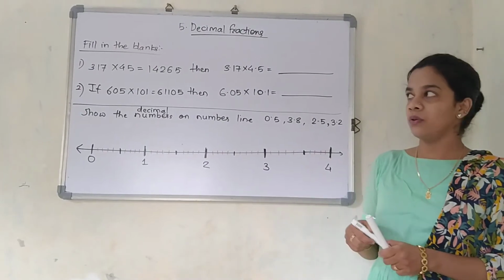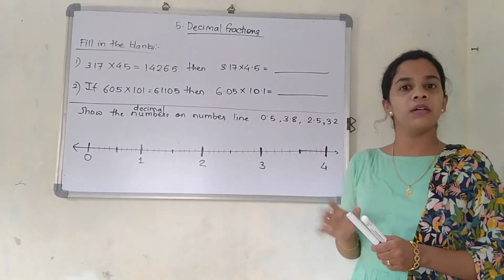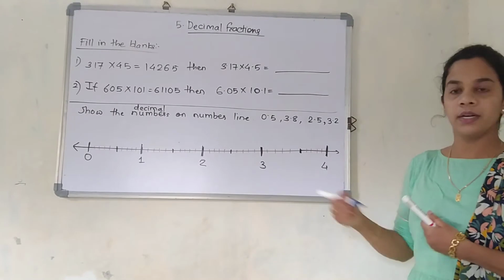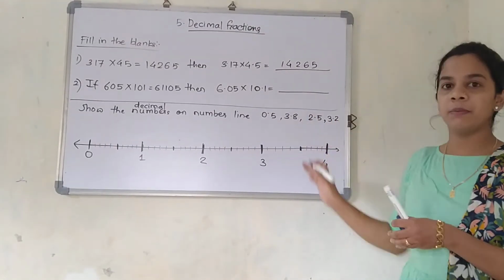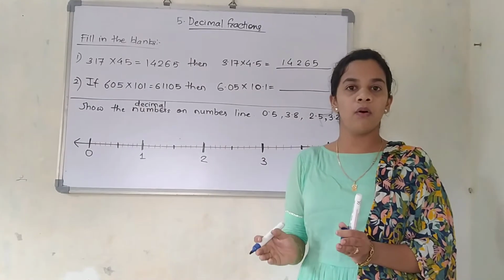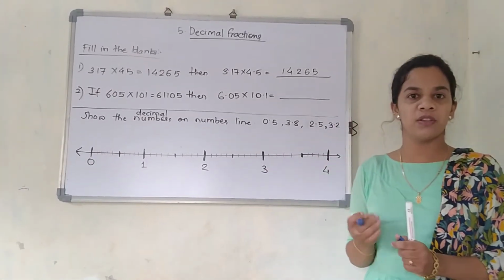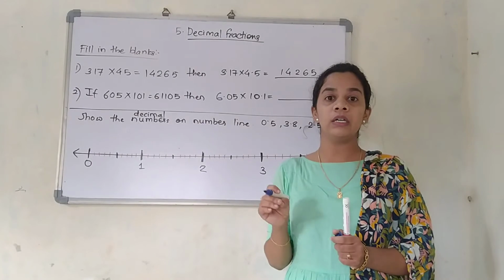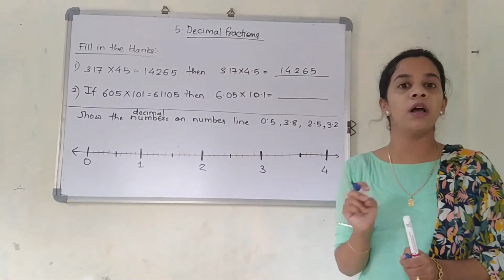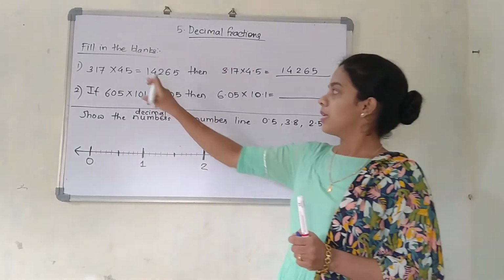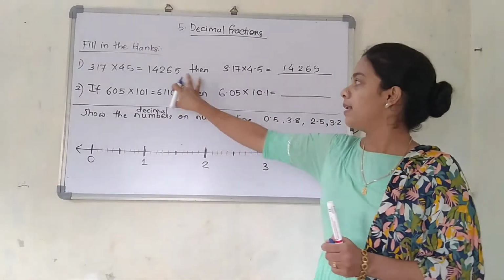So now what we will do, we will write the number as it is, 14265, because the multiplication will be the same. When we were doing the multiplication, there was no change of the numbers when there is a decimal point. Only the problem occurs when we are going to give the point. So now focus, the answer is the same here. On both sides the answer will be the same.